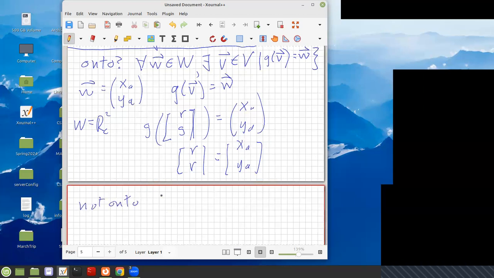Here's a counterexample. 1, 2 is a member of W, right? So if I take the vector form here, R, R equals 1, 2, then R has to equal 1 and R equals 2.